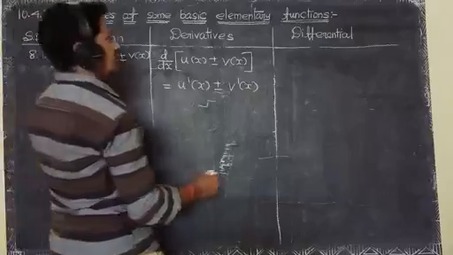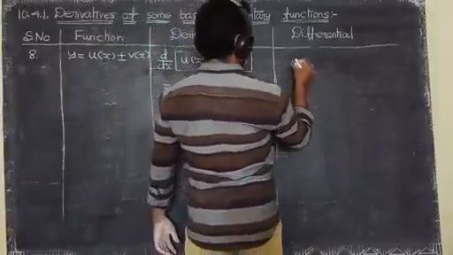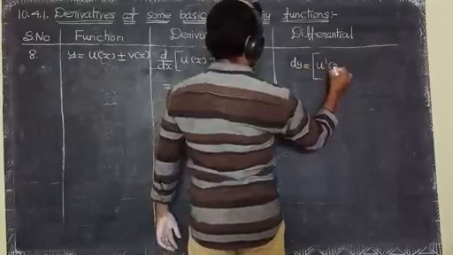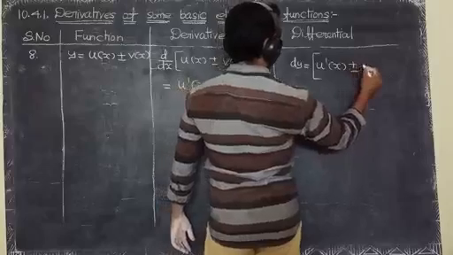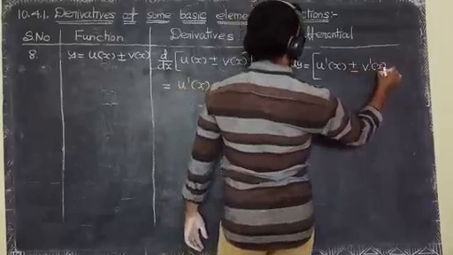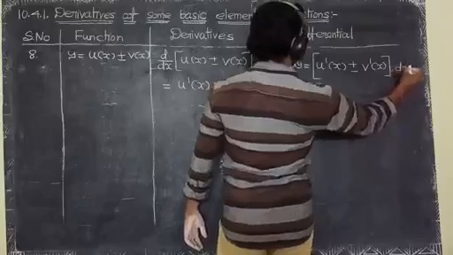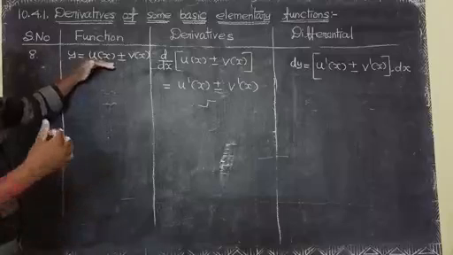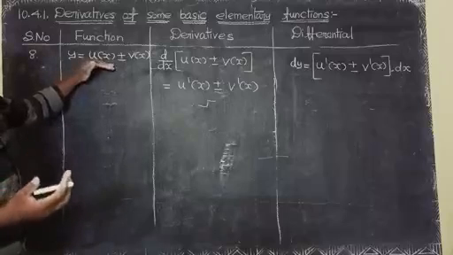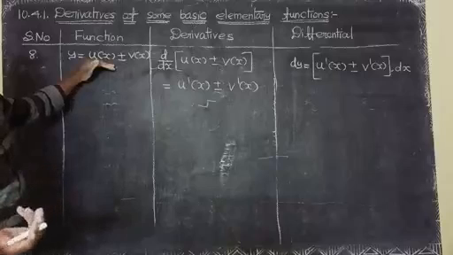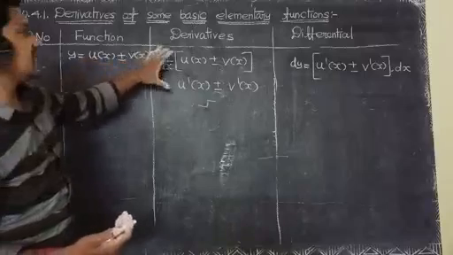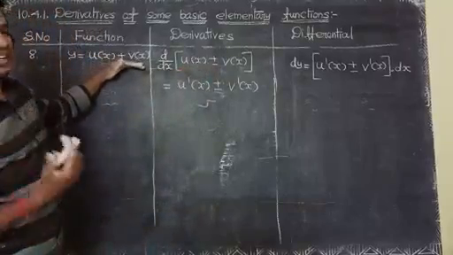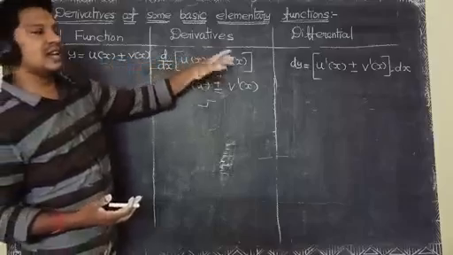Then the differential is dy, which is equal to u dash of x plus or minus v dash of x into dx. If the function has more than two differentiable functions, that is a finite number of differentiable functions, using this method we get the result.